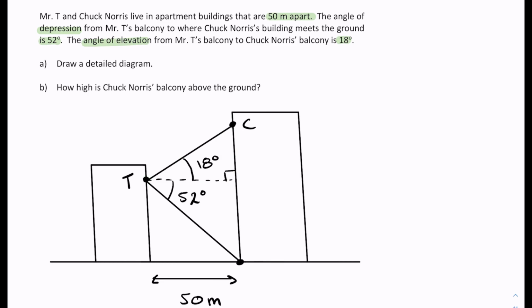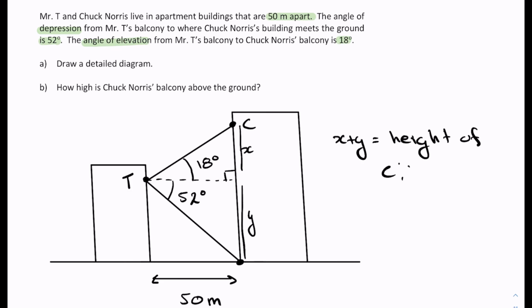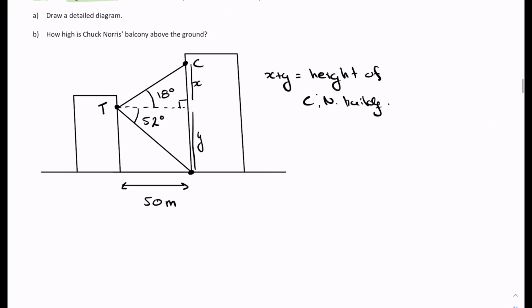If I add this side, that part, and this side, this part, together, x plus y, that's going to be the height of Chuck Norris's, let's say CN's building. Okay, so let's get to it. If you haven't noticed already, we do have right angle triangles, and we can probably use SOHCAHTOA here.